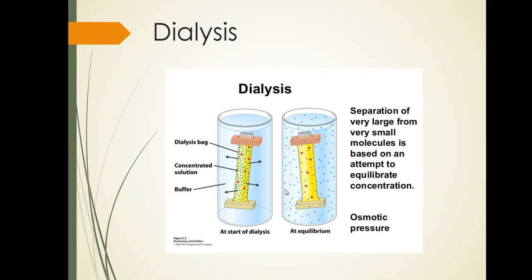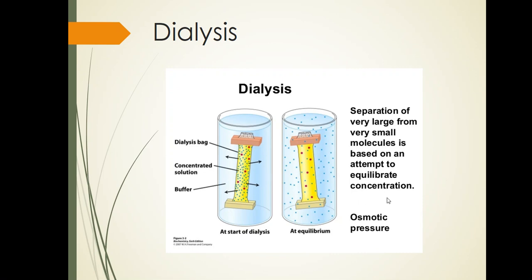You could see here that the solution before is blue, and then you have one very concentrated solution inside this dialysis bag. Since this is very concentrated and this one is less concentrated, there is a transfer from the more concentrated region to the less concentrated region.